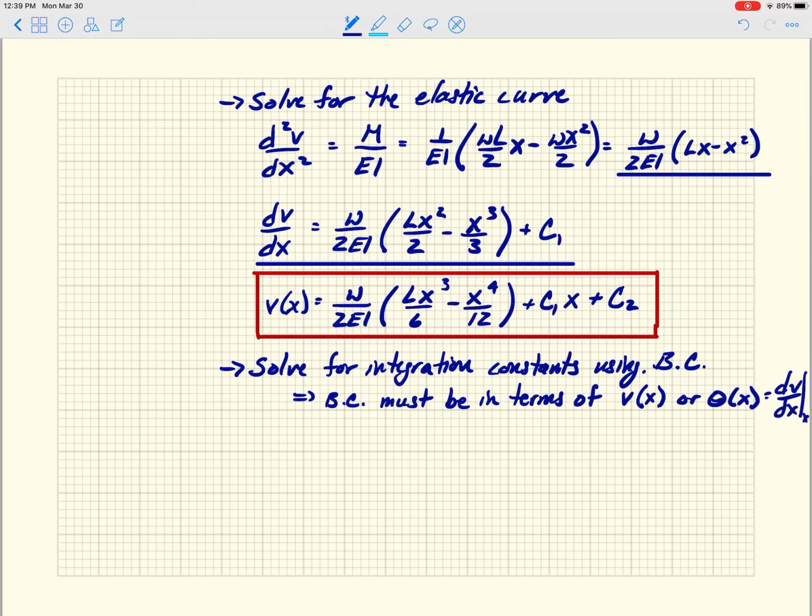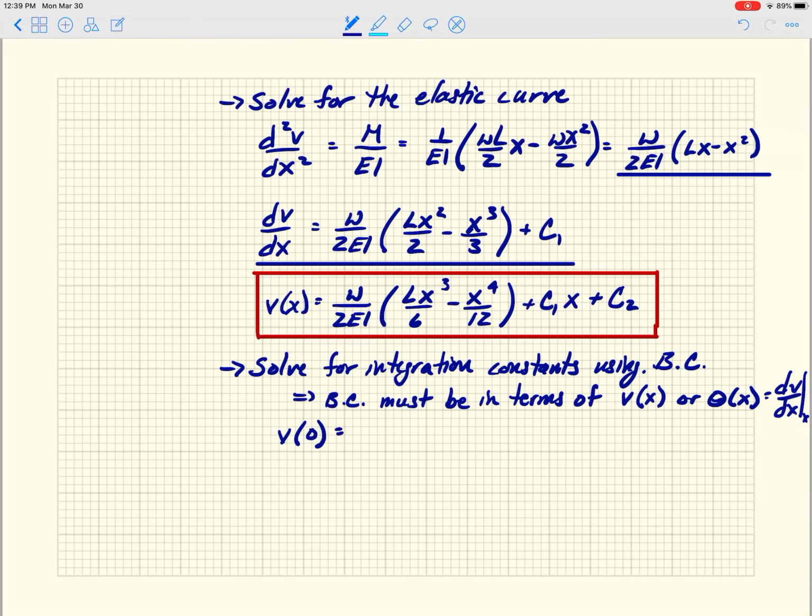So the boundary condition can be a slope, or a vertical displacement. The boundary condition cannot be, in this formulation, zero moment, for example. You will see later on that there's a way to do that, but not here.